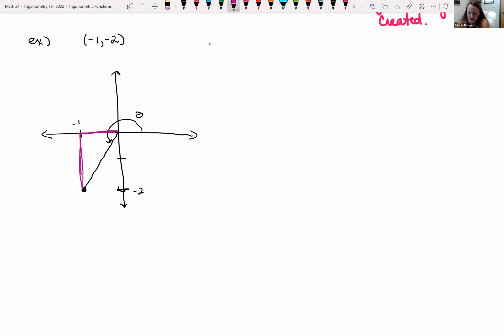Since we're in the third quadrant, if we're in the third or second quadrant, we form it with a negative x-axis. If we had fallen in the first or fourth quadrant, it would be with a positive x-axis.